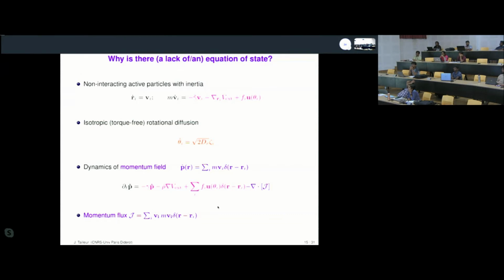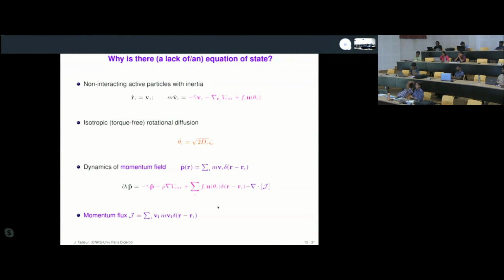On the top, m v_i dot gives you this magenta term, the three terms: minus gamma v, minus grad V, plus F_i u(theta_i). Consequently, in the equation I've written for d_t P hat, you have the three magenta terms. Minus gamma P hat: the friction on the particles makes the local momentum decay. Then the force on the particle, minus grad V, leads to a term minus rho grad V, which is a local force density.